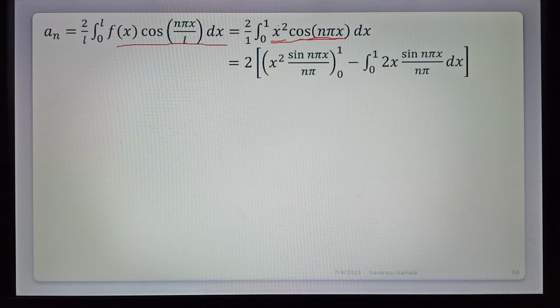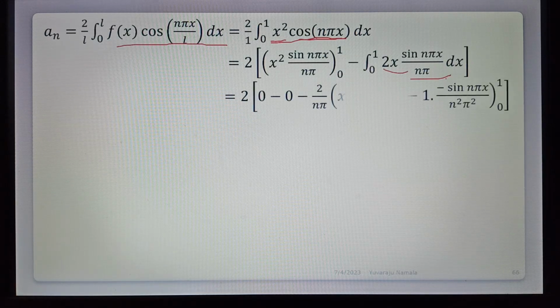So 2 into x square into integration of cos, sin n pi x by n pi, limit 0 to 1, minus derivative of x square, 2x, then integration a second time, 0 to 1, integration of cos, sin n pi x by n pi. Substituting the upper limit x is equal to 1, sin n pi is 0, sin 0 is 0.